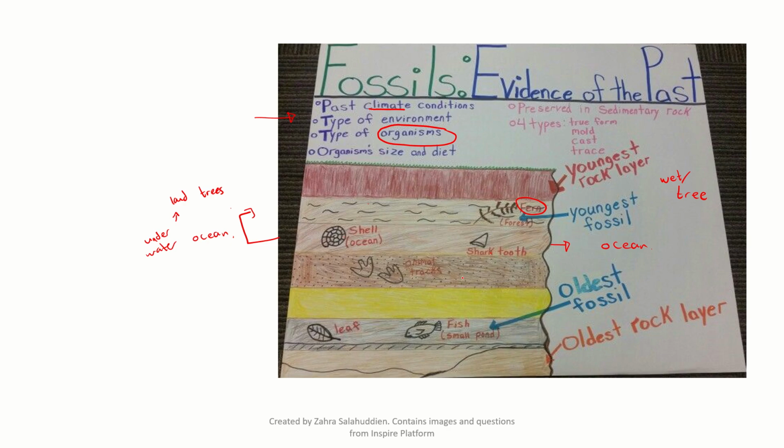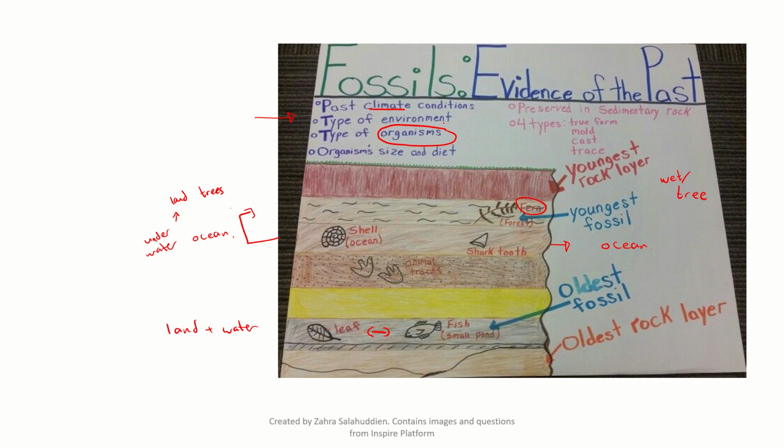And we can also look at the kind of animal or organism that used to live there and maybe what they ate or what their size was. We can tell over here on the bottom, right in the bottom layer, that there's a fish and a leaf. If there's a leaf and a fish, that means there must have been a pond because there is both land and water.